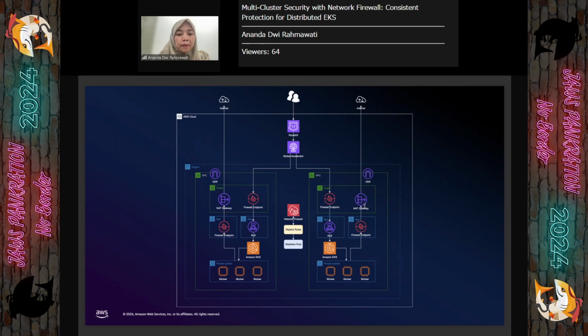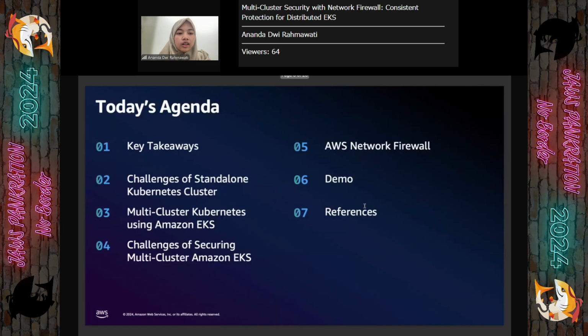We deploy it behind the NAT gateway for egress and before the ELB for ingress, to filter the incoming and outgoing traffic. And this is the agenda: the challenge, multi-cluster, the challenge of securing, and AWS Network Firewall.